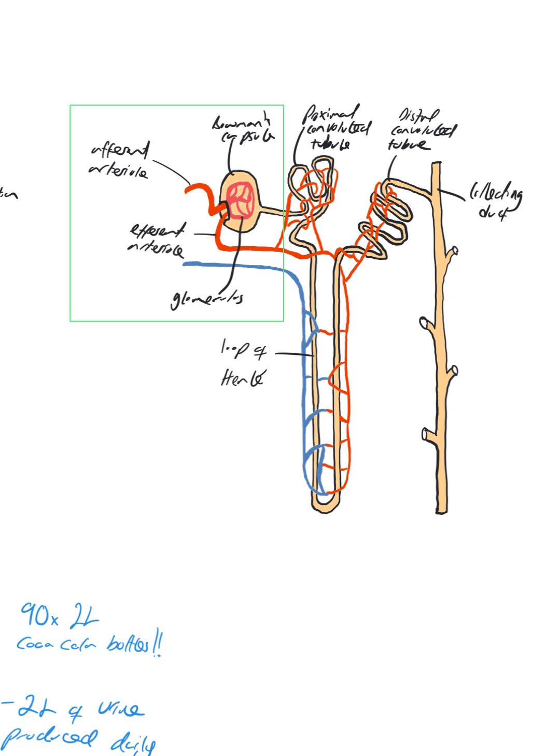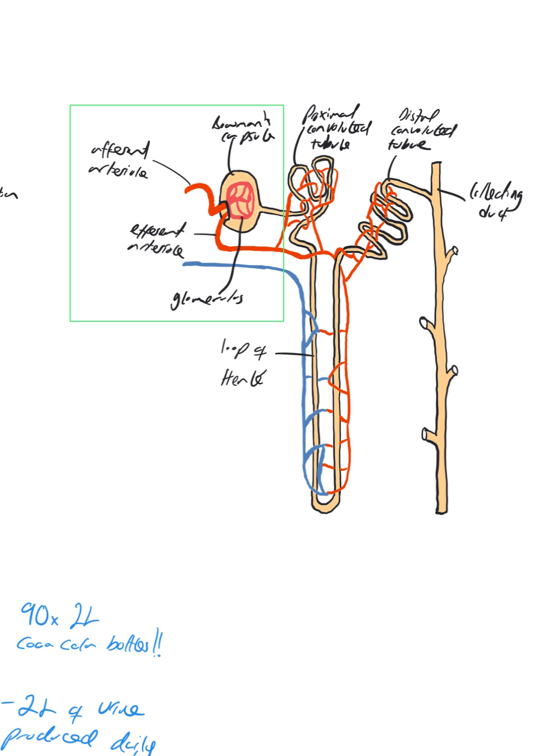And then finally, your nephron is going to feed into a collecting duct, and you can see here that you've got a number of nephrons branching off that one collecting duct. That collecting duct is then going to take that filtrate.